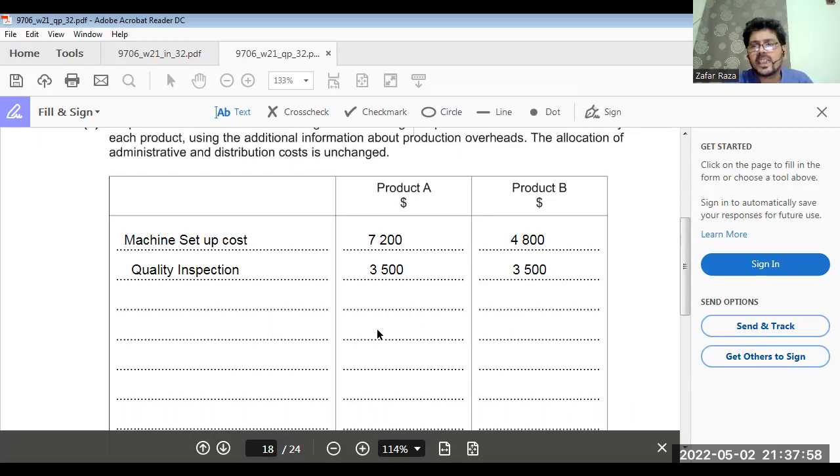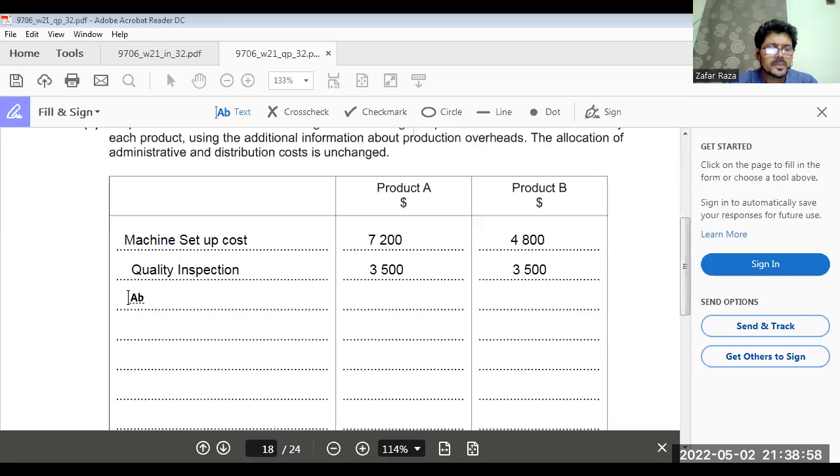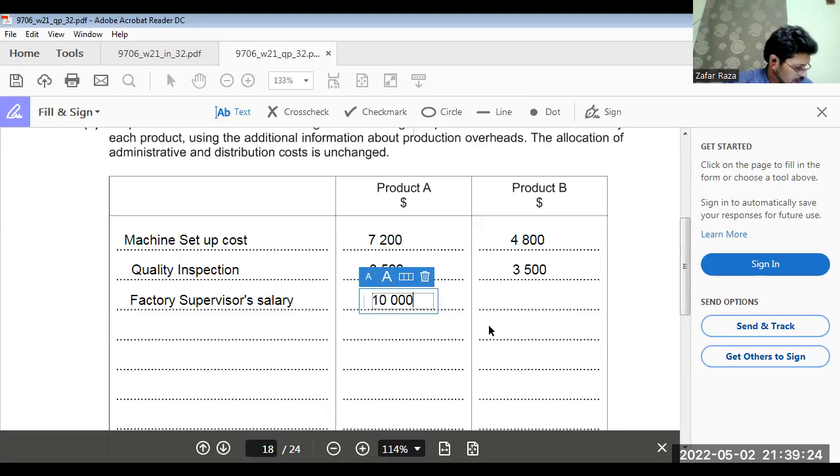Factory supervisor salary: 2,500 divided by 3,500 total labor hours multiplied by 14,000. That would make 9,999 point something. So we'll take it as 10,000 here and 4,000 obviously.